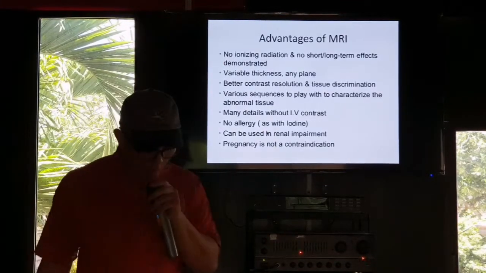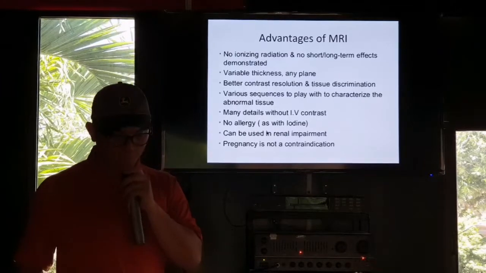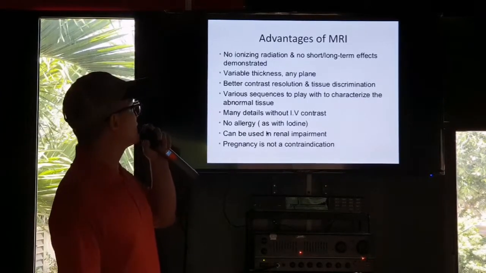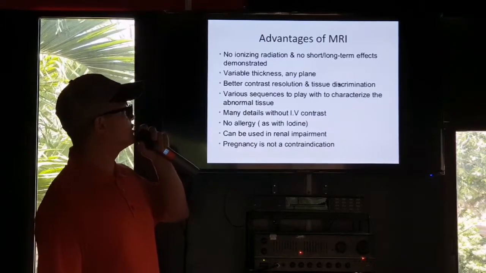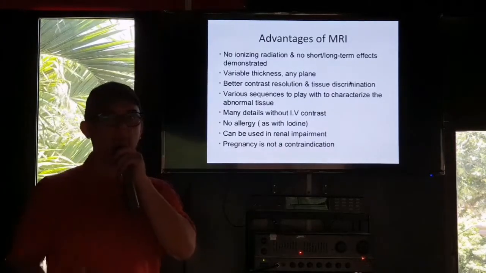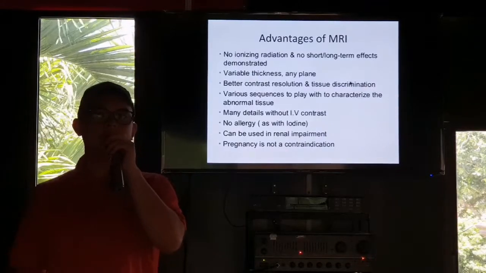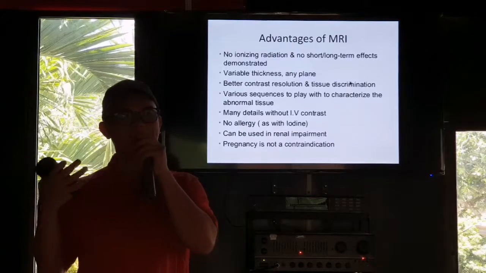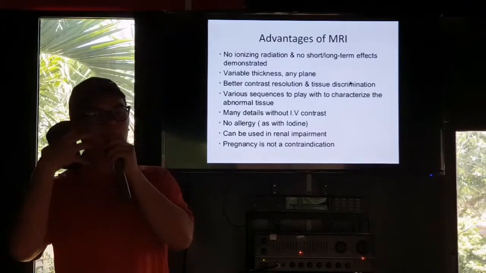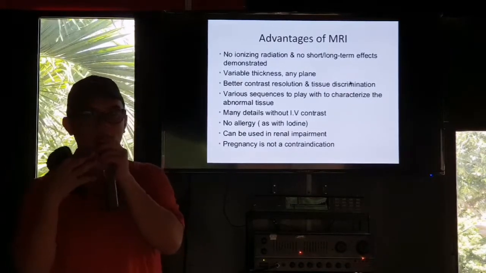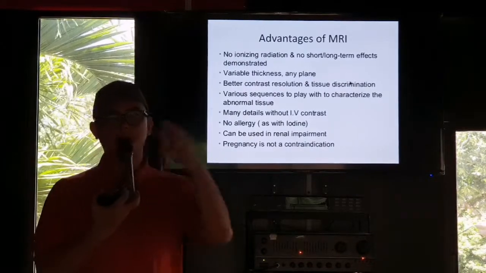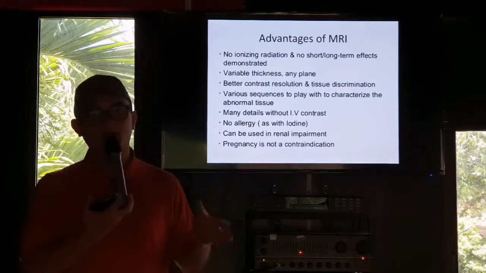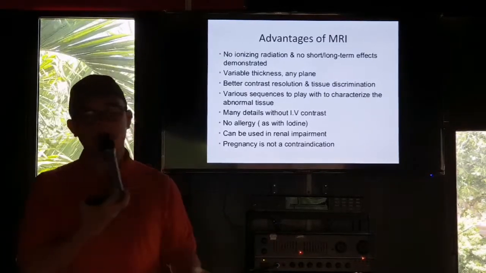Okay, advantages of MRI. What are the advantages of MRI over a CT scan? Number one, MRI produces better contrast and tissue discrimination. If you want to see cancers, or if you want to see different types of hemorrhages, being able to differentiate pus from hemorrhage, from fluid accumulation or edema, MRI is your choice.